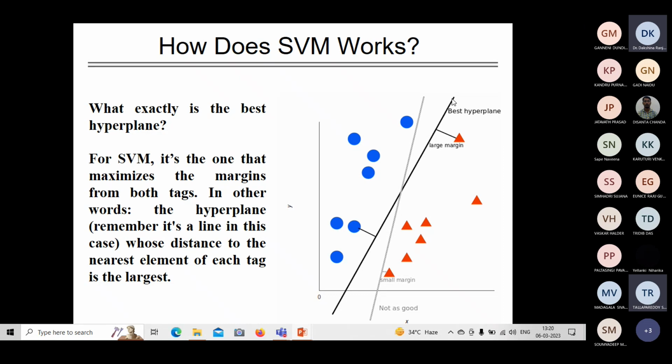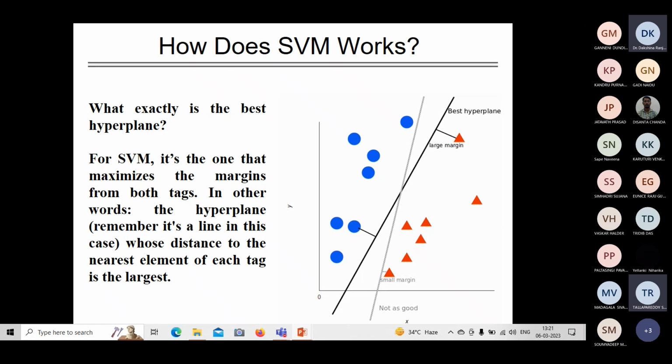So to separate these two sets of points belonging to two different classes, we can have a number of hyperplanes. Which hyperplane provides the optimal classification is to be decided by the support vector machine. First, the support vector machine defines a classifier as a hyperplane.